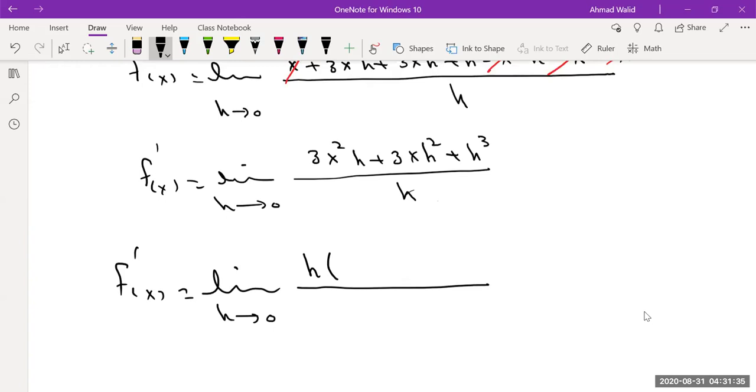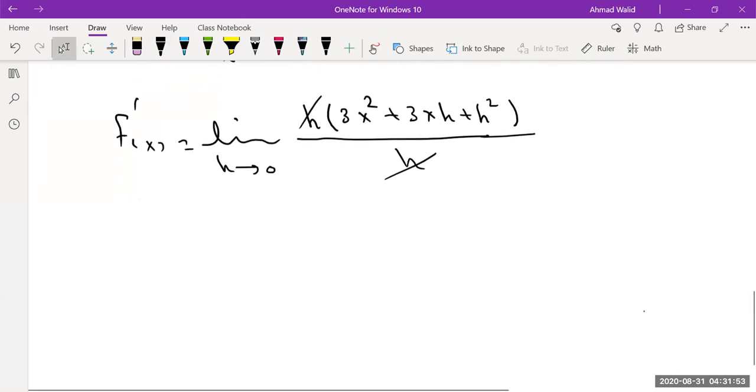Take h as a common factor. What is left here? 3x squared. What is left here? Plus 3xh. And if you take one h out, plus h squared over h. Here, h cancels out with h, and you can plug in your limit now.